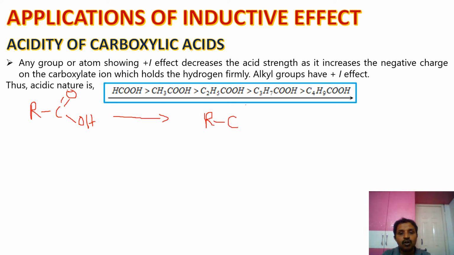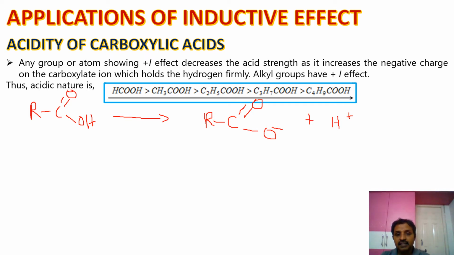It becomes a carboxylate ion like this. The stability of the carboxylate ion decides the acidic nature of the carboxylic acids.